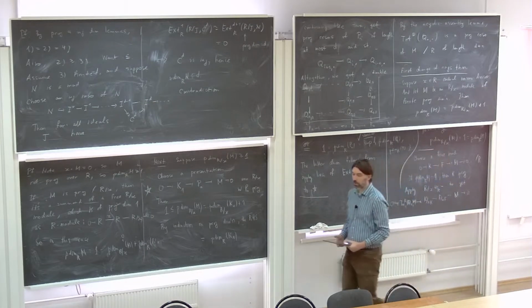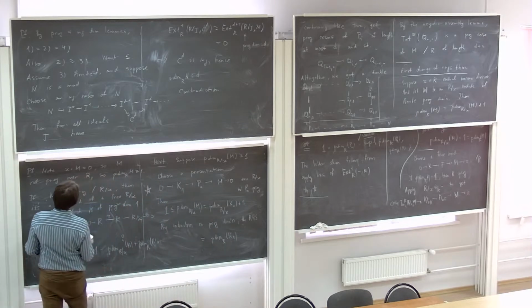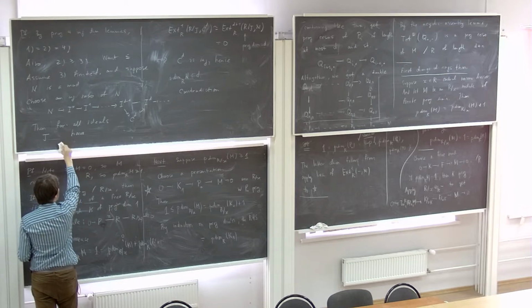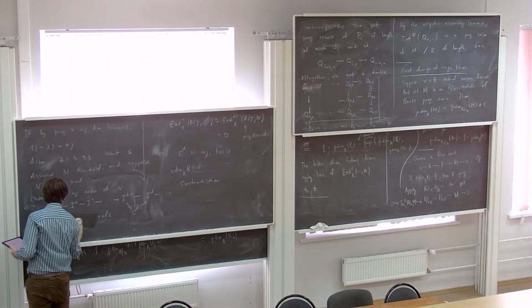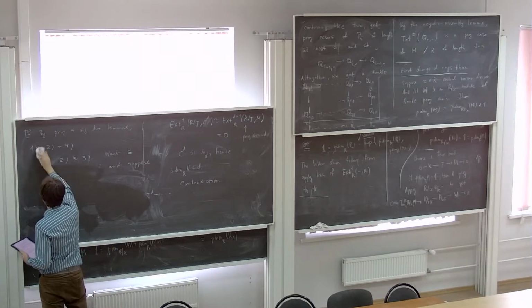But how do we compute Tor1 against R mod x? Using this standard resolution here of R mod x, we see that the Tor1 is just the stuff annihilated by little x. But that's everything.